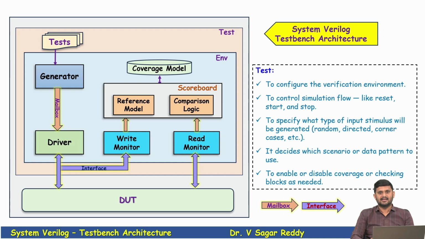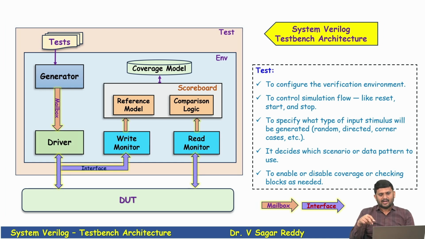The second one is it controls the simulation flow: applying reset, starting the stimulus, and deciding when to stop the simulation. The third one, it specifies what type of input stimulus will be generated: random, directed, corner cases, or maybe a stress test, the test decides.